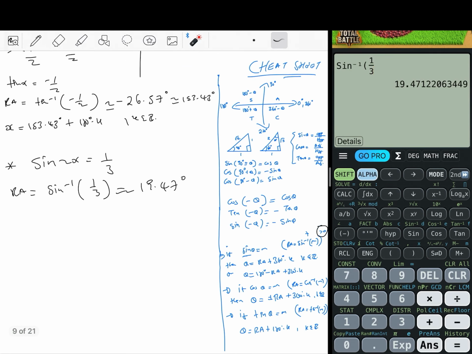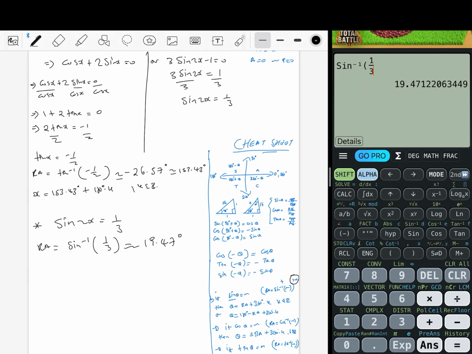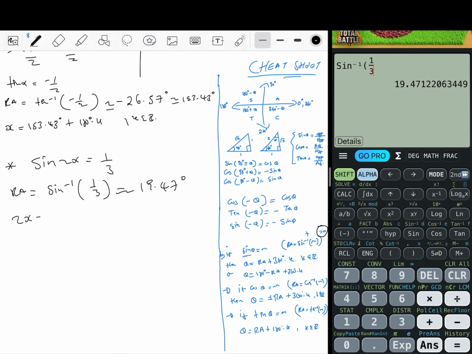So theta is equal to that, and remember our theta in this case is 2x. It's not just x, but it's 2x. So we write that the way it is. So we have 2x is equal to RA, and RA is 19.47 degrees plus 360 degrees times k.